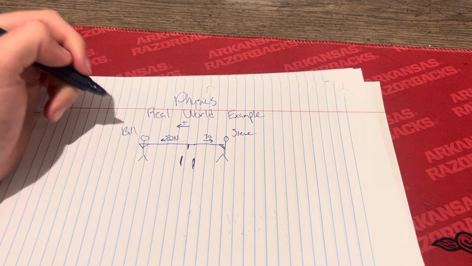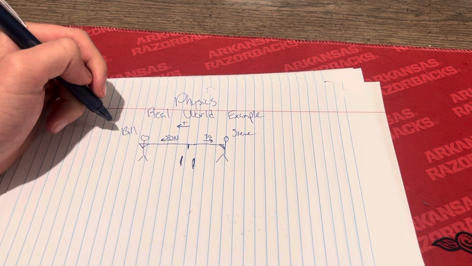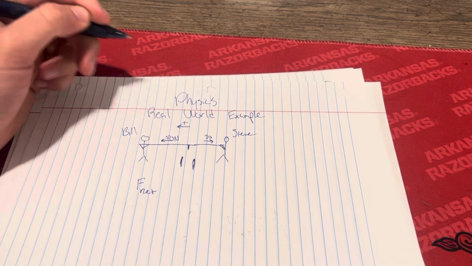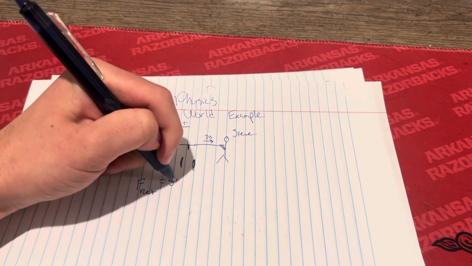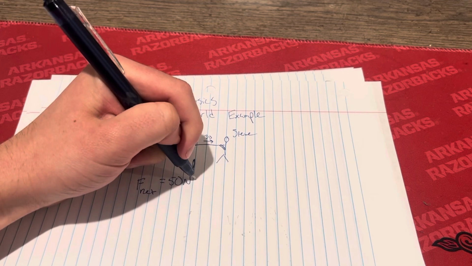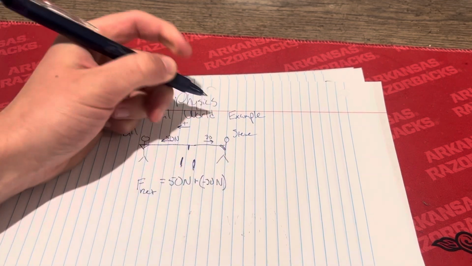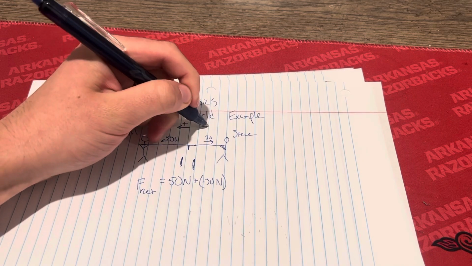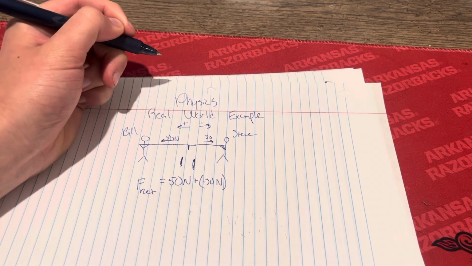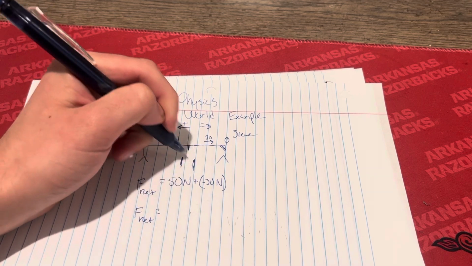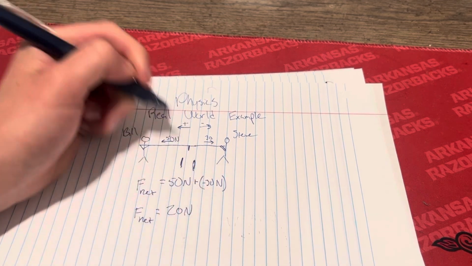And so if we wanted to find the total force, the net force, it would be equal to 50 newtons plus our negative 30 newtons from Steve, because he's pulling to the right, so this is the negative direction. And so our net force would be equal to 20 newtons.